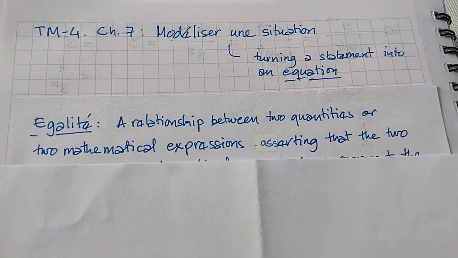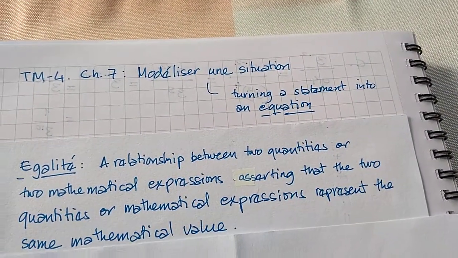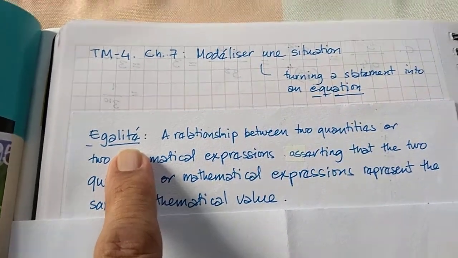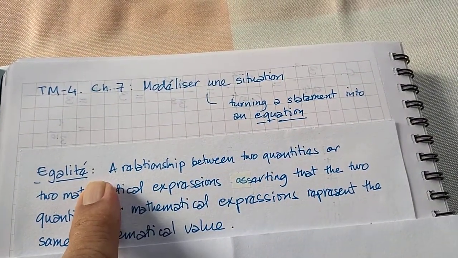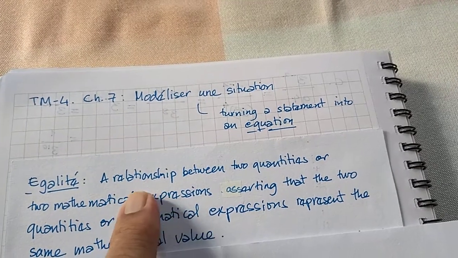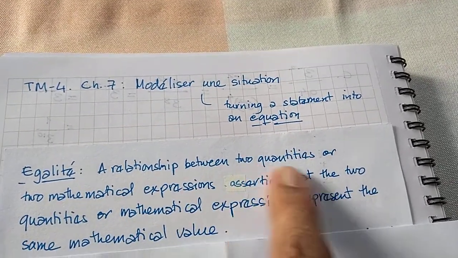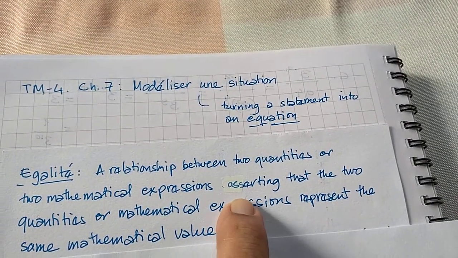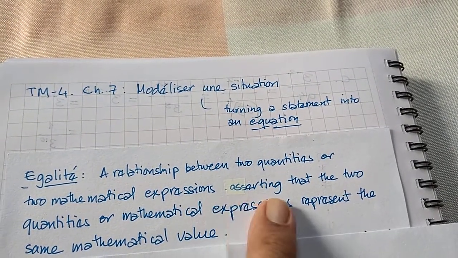Okay, so the first thing is we define what is an égalité, in English, equality. So an equality represents a relationship between two quantities or two mathematical expressions asserting, which means, what does asserting mean here?